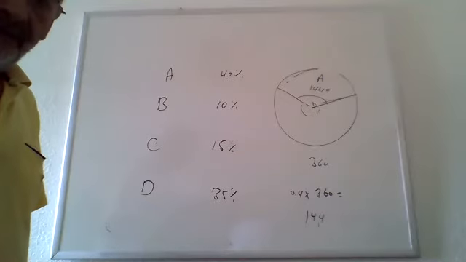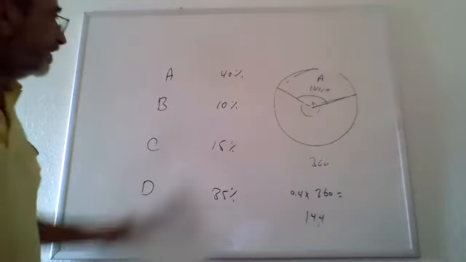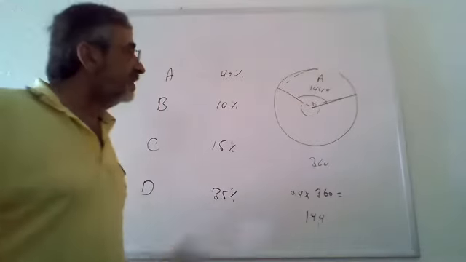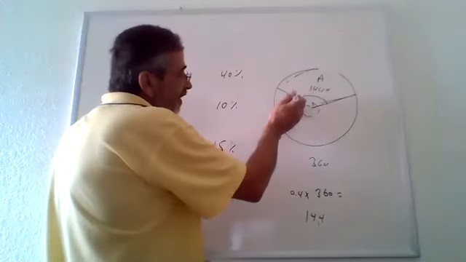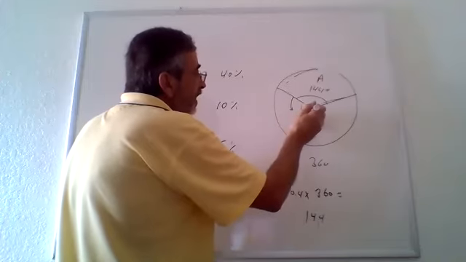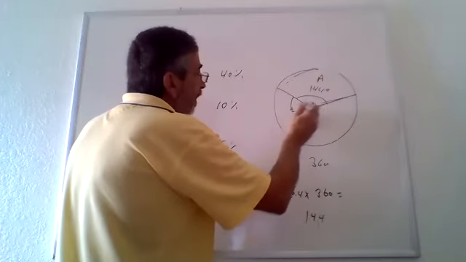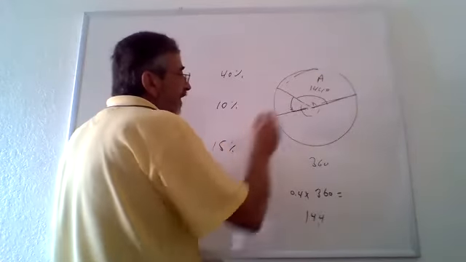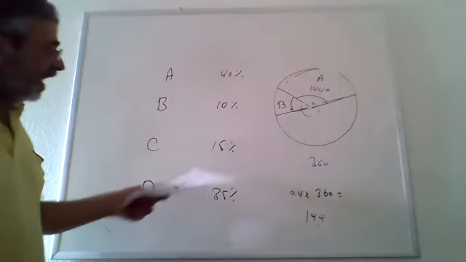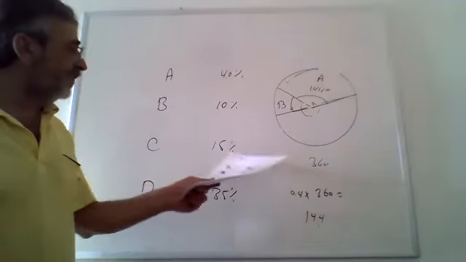Okay, to figure out what 10% is, 10% of 360 is 36. So now I'm going to measure from here to this point over here, say 36, and that's going to be B. And D is 15%.